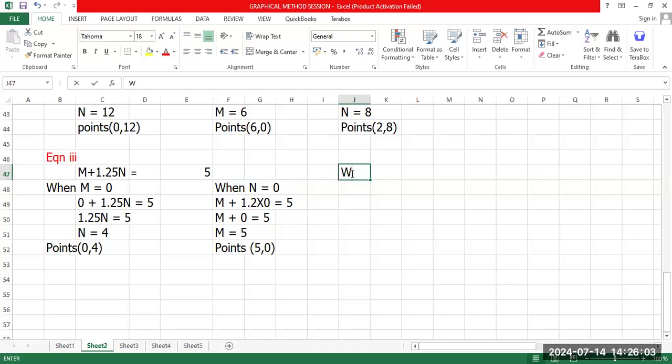And then we can add another one when, say, m is equal to 2. Where there is m here, I put 2. This is 2 plus 1.25n is equal to 5.